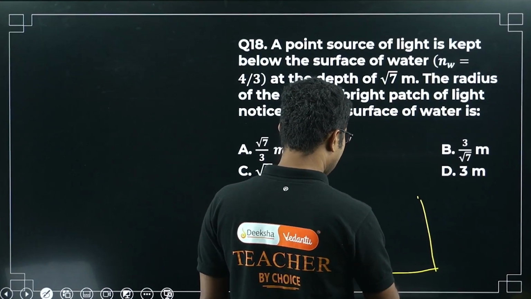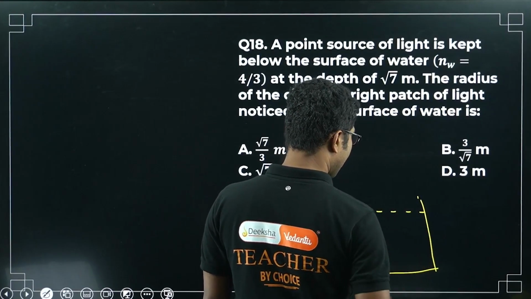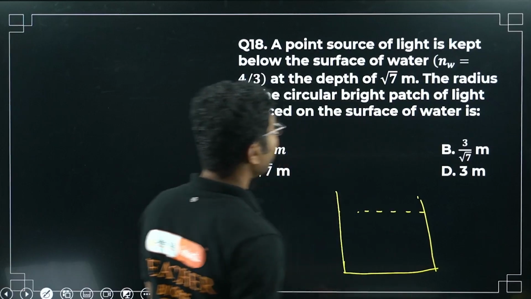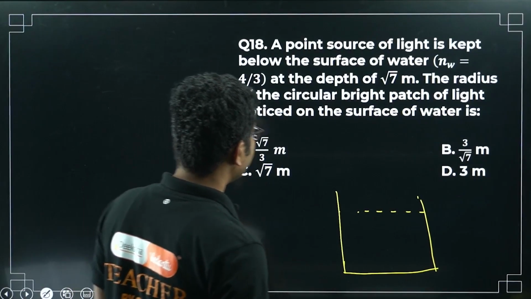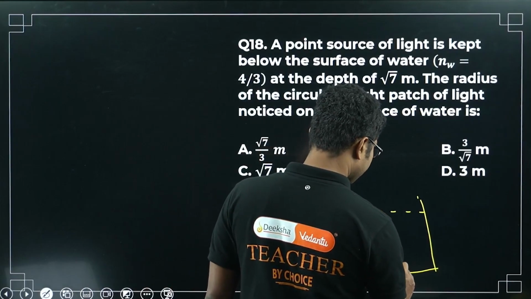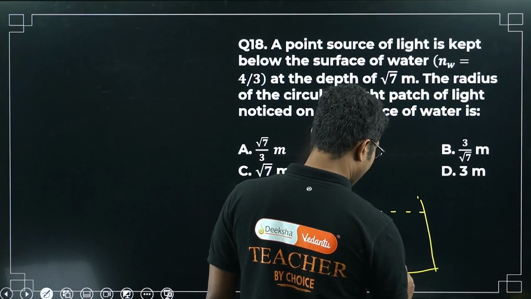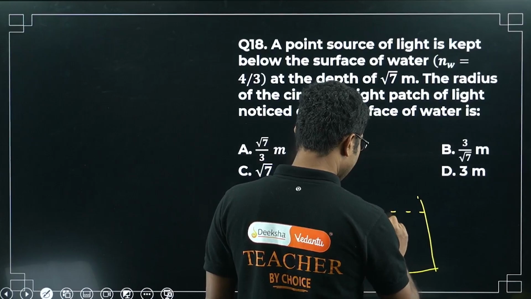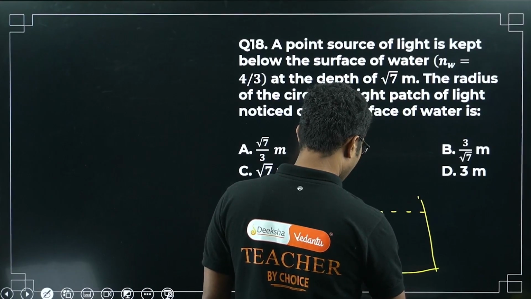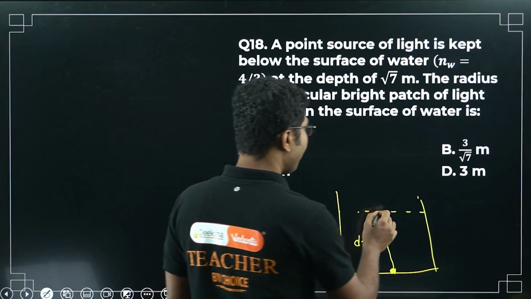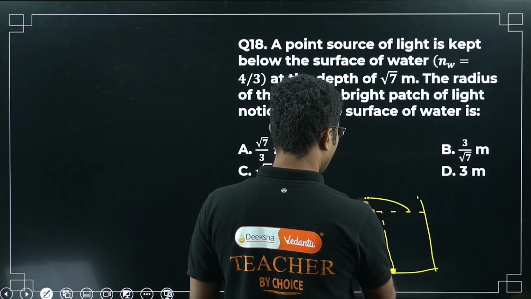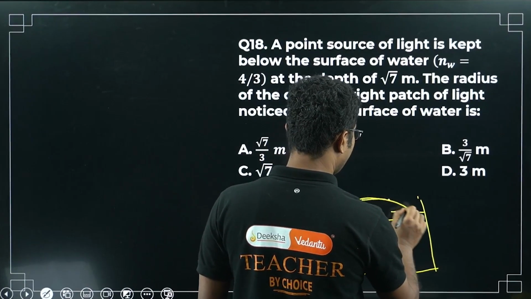So here is the water level. Now when you put the light, suppose this is the light, we have kept the light here. The depth is √7. Now why do we see a circular patch of light when we put it under the water?